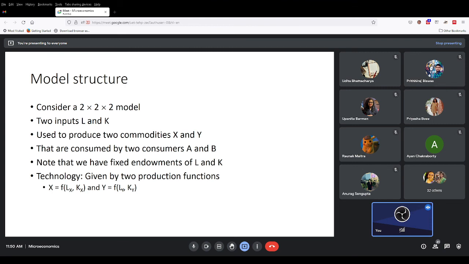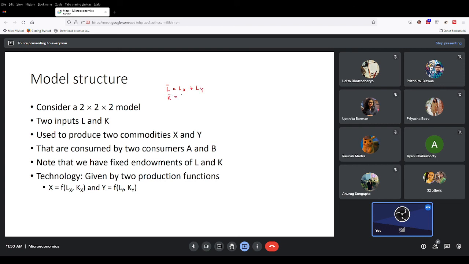The technology is given. It is manifested in two production functions. For X we use Lx and Kx, and for Y we use Ly, Ky. So remember that L bar is equal to Lx plus Ly.